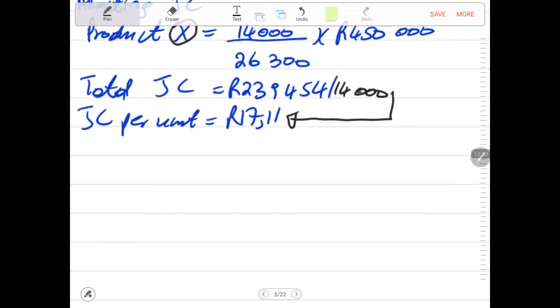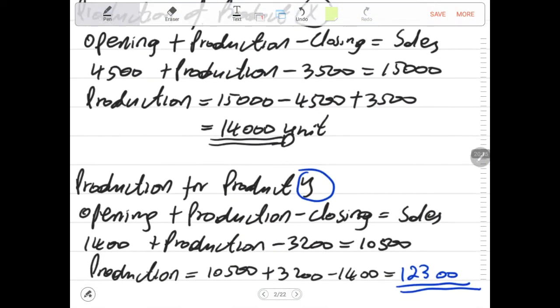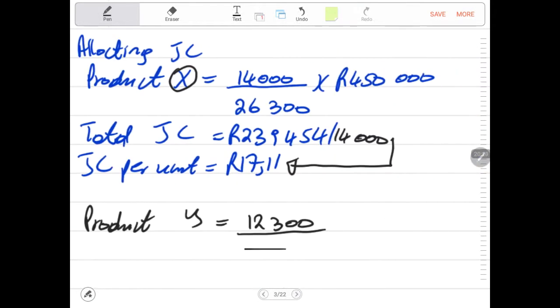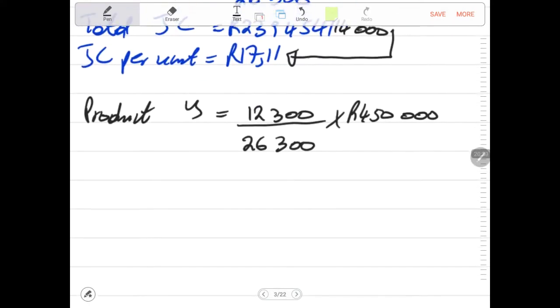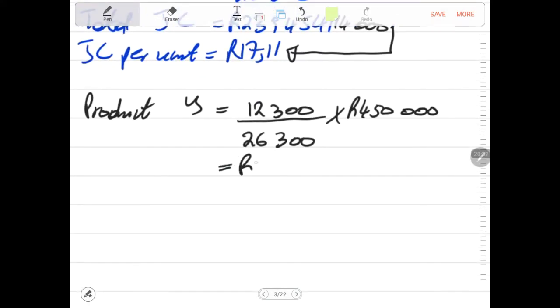Then after we allocate our joint cost to the next product, which is product Y. Product Y allocation of joint cost will be equal to the number of units that were produced for product Y, which is 12,300 as we calculated previously. Then we divide by the total units, which is 26,300 units for X and Y, multiply this by the joint costs that have been adjusted by the revenue from the sale of the byproduct.